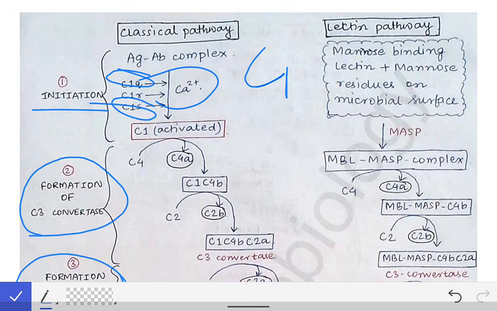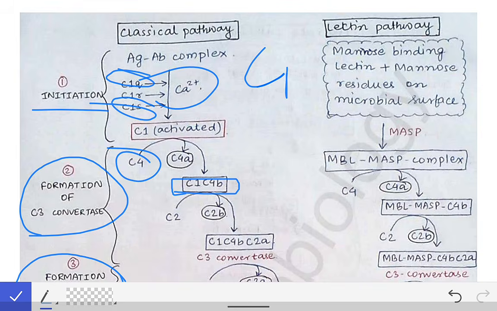So once the C1 complement protein gets activated, the C4 complement protein is broken, and after that there is formation of the C1 C4b complex, and the C4a component gets out of the pathway and gets involved in some other functions.